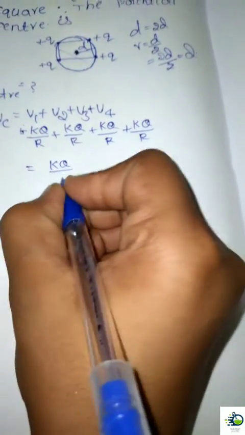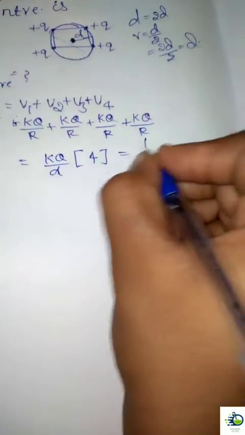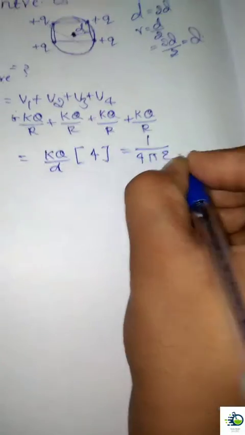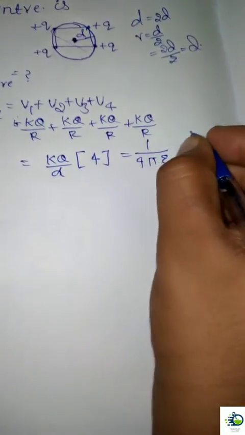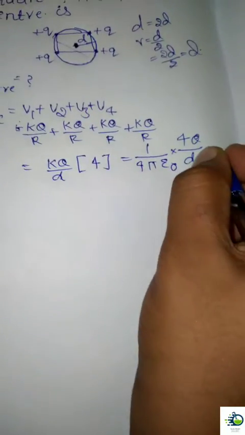We can take R as d. Taking kq by d common, 4 will come. Then 1 by 4 pi epsilon naught times 4q by d. That is the answer.